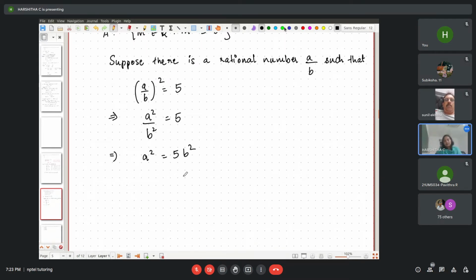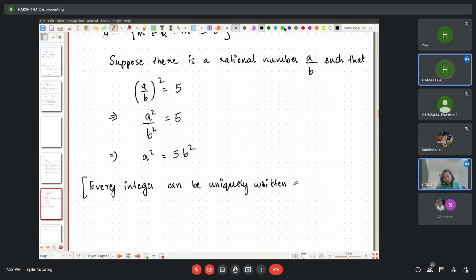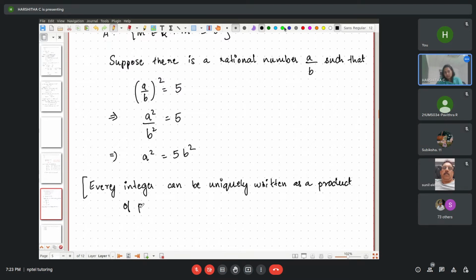Now, I hope you know this, that every integer can be uniquely written as a product of prime numbers. So we will be using this.